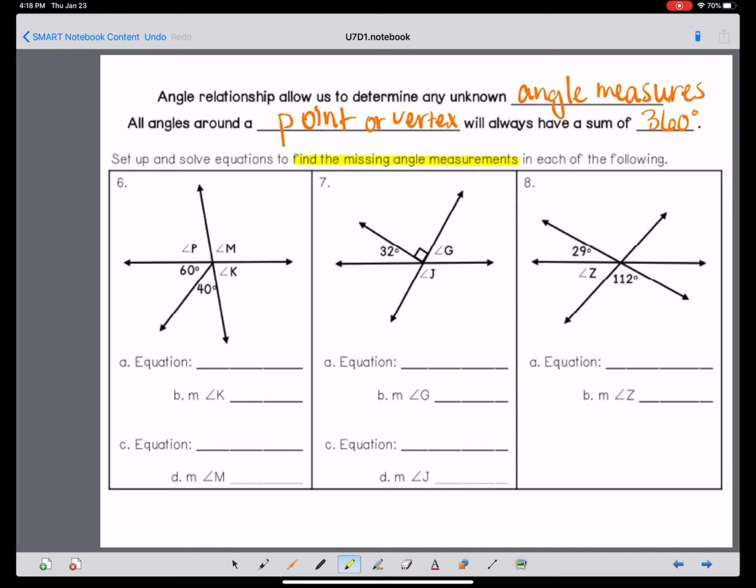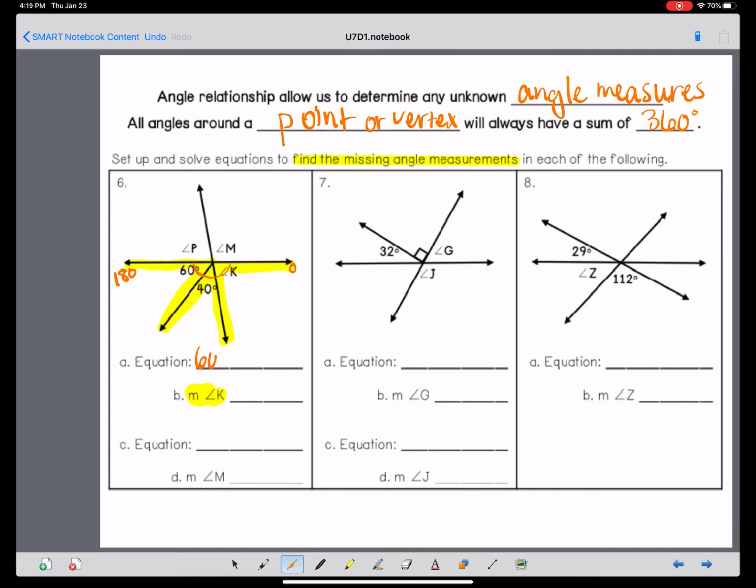Okay, so let's use what we know already. I see I have an angle of 60 degrees, an angle of 40 degrees, and they say find the measurement of angle K. Well, angle K is right here. Now I notice that's the same thing as 0 to 180 degrees between all three of these. 60 plus 40 gives me 100, and now I'm just left to find K. Let's go ahead and write an equation for this.